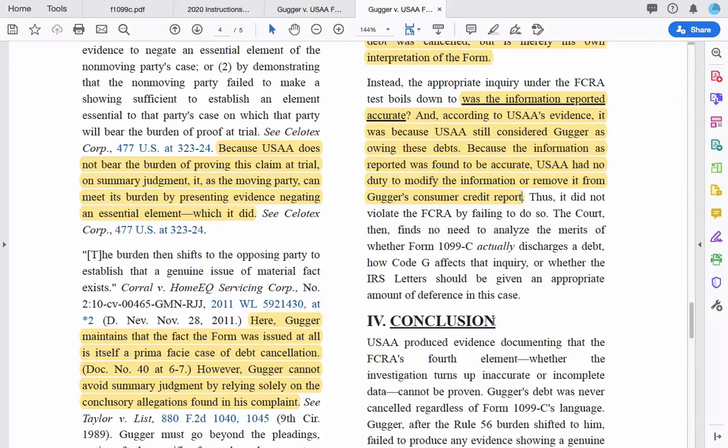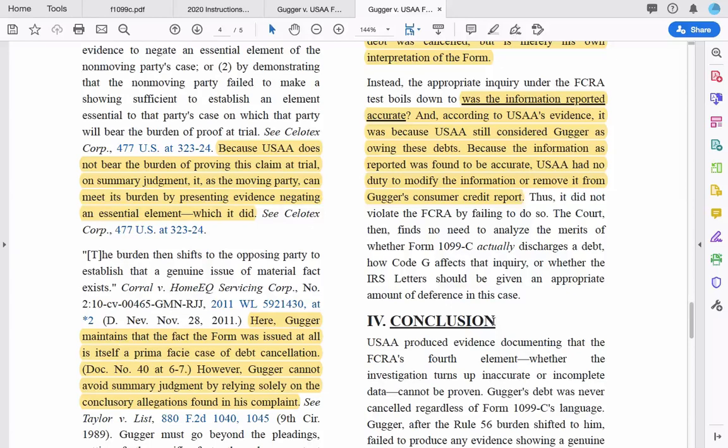And you can develop evidence that way to show that this bank is treating this debt as if it's canceled. They're telling the IRS that it's canceled. And again, you would want to question them under oath about, why did you fill out a 1099-C?